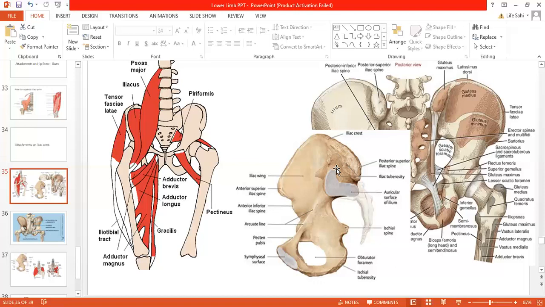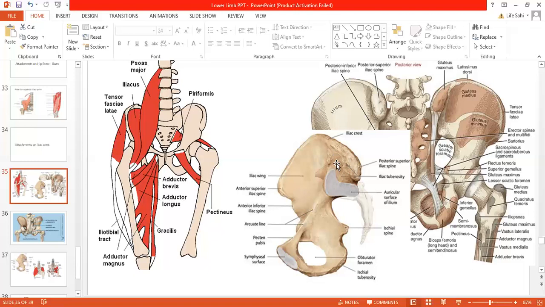And below it, just above this auricular area of the sacro-pelvic surface of the ilium, provides attachment to the interosseous sacro-iliac ligaments. So above is the dorsal sacro-iliac ligament and below is the interosseous sacro-iliac ligament.